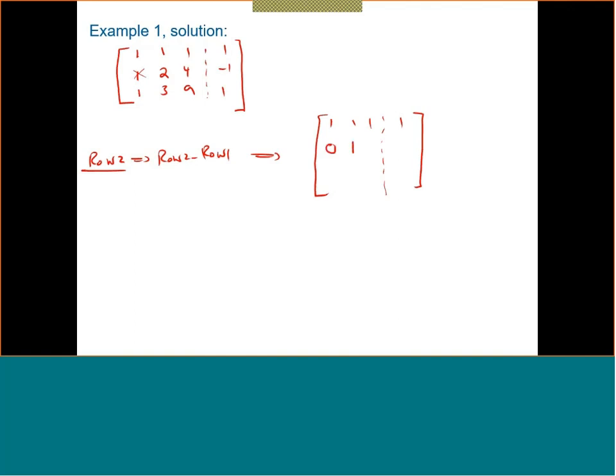Again, I don't need to do anything, so I'll just subtract row 3 minus row 1. Always you subtract from row 1. So 1 minus 1 is 0. 3 minus 1 is 2. 9 minus 1 is 8. And this is 0. So now I finished the first step. Now here I have a number of rows is 3. I need 2 steps.